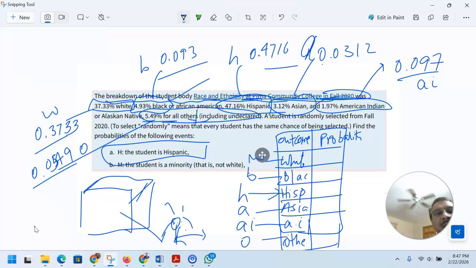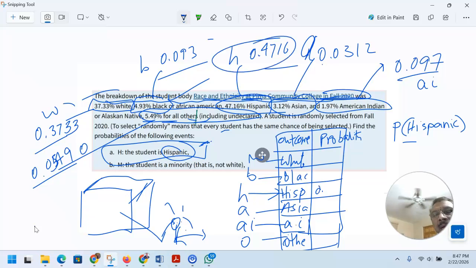So the first question: when you select a student, what is the probability that the student selected is Hispanic? It is already given to you, I already wrote it here. Hispanic is 0.4. They gave us the percentage, but I already wrote the probability of that. White is 0.93, sorry.